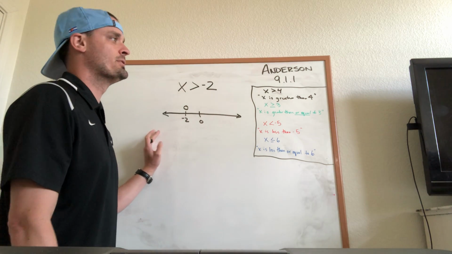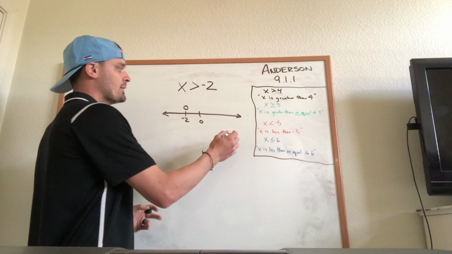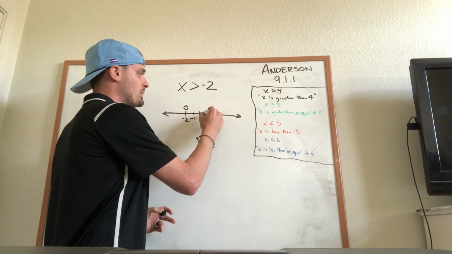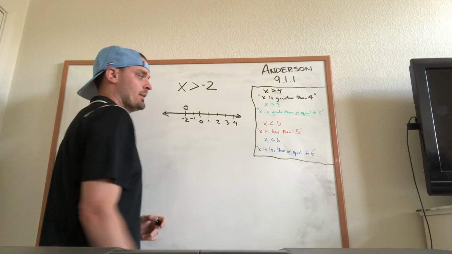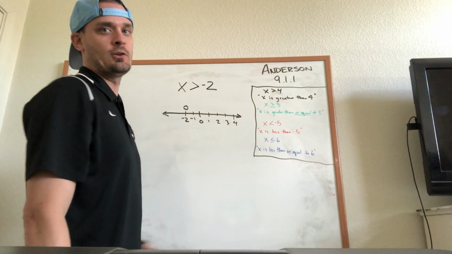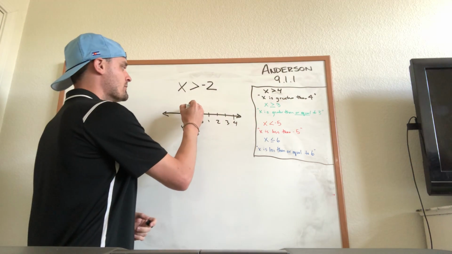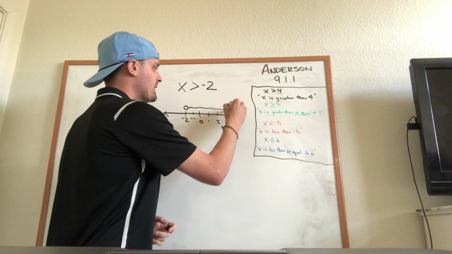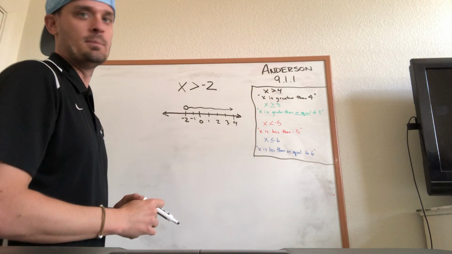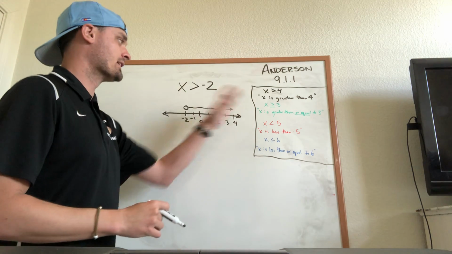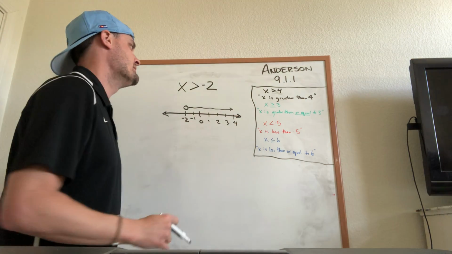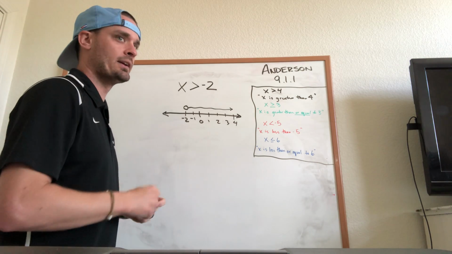Is it to the left or to the right? In this case, it's going to be to the right, because all of these numbers, 1, 2, 3, and so on, all those points are greater than -2. So you can draw the squiggly line, usually makes it a little easier. Then we cap it off with an arrow because it's going to keep going. All of those points work out.